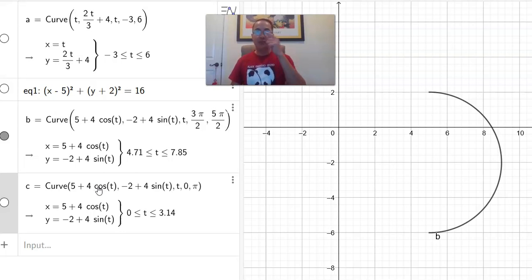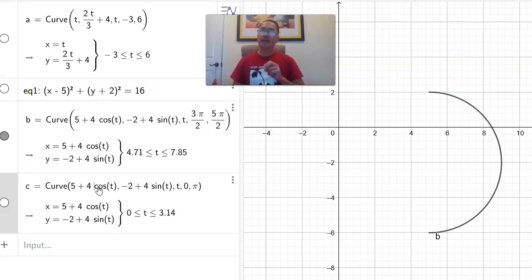Okay, well, we can still think geometrically. Okay, we want to start at 5, negative 2, but instead stay there and go down. Okay, go down by 4.